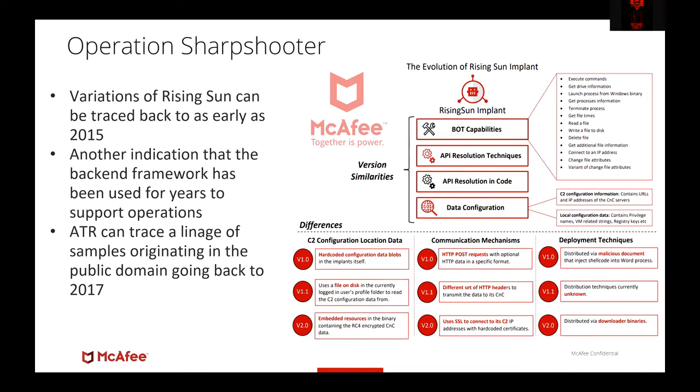Essentially, based on access to the server and other data, we're able to see that Rising Sun can be traced back to 2015. And we can trace this lineage here as far as samples originating in the public domain as early as 2017 that are most related to what we were seeing in Sharpshooter.